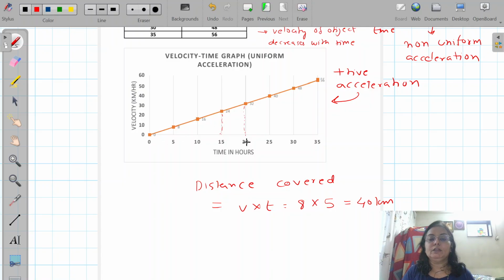Now, if we have to find the distance through the other method, which we said is the area, if we find the area of this particular quadrangle, then we can get the distance covered. So this is also equal to the area of the quadrangle.